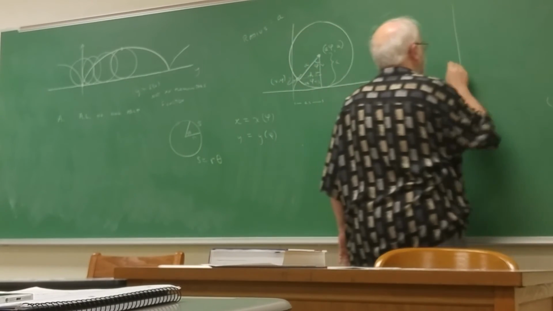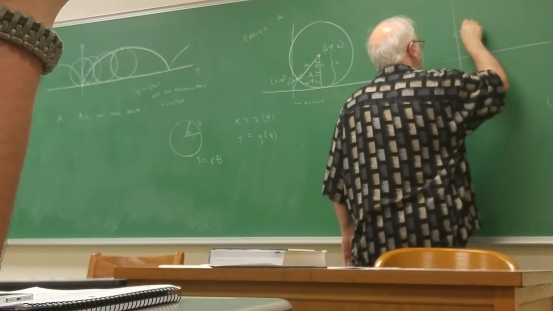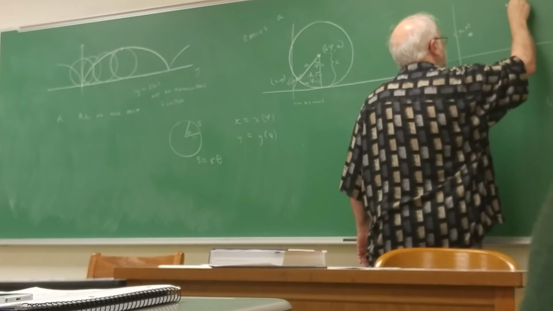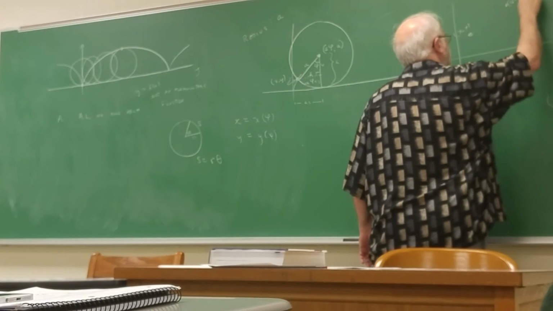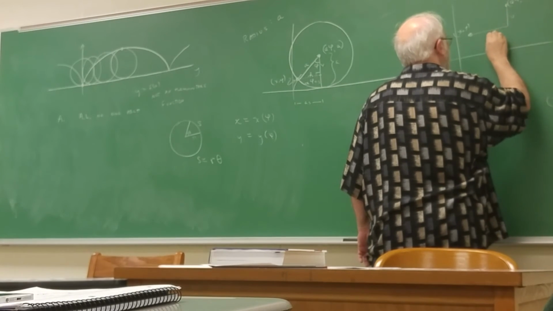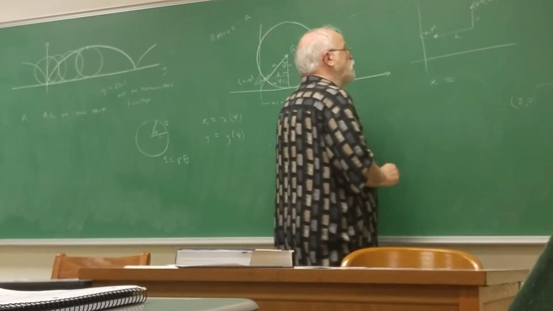So, here's X and Y, and here is A phi comma A. And here is V and H. So what's X from this picture?